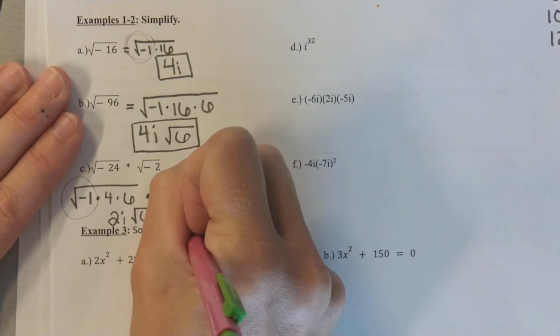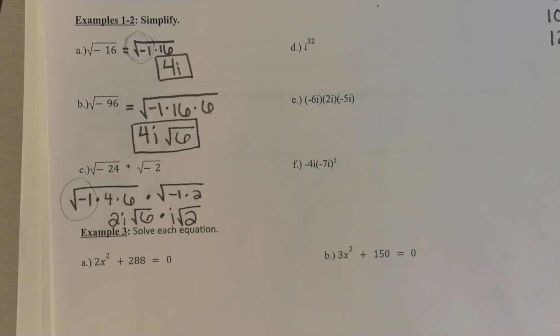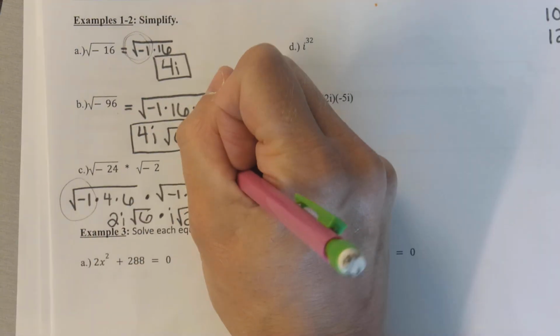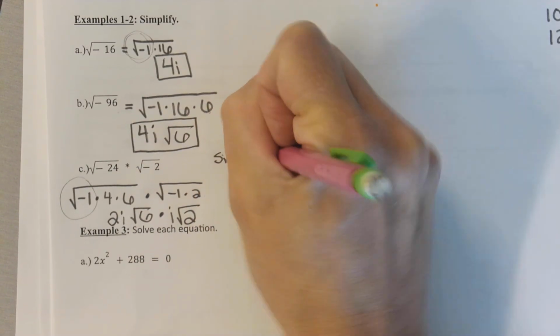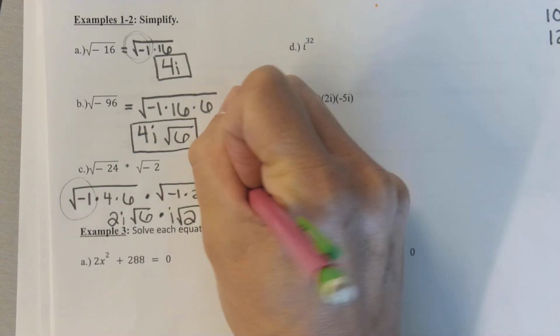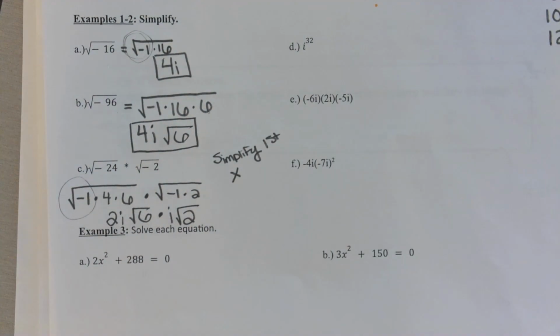And then the root 2 is going to live on underneath. Once you get it simplified, then you can multiply. So we want to simplify first, and then we're going to multiply second.